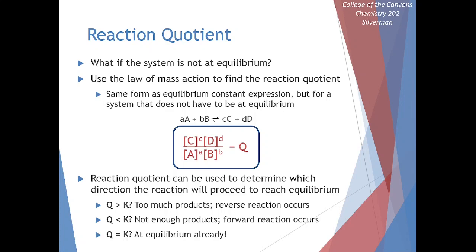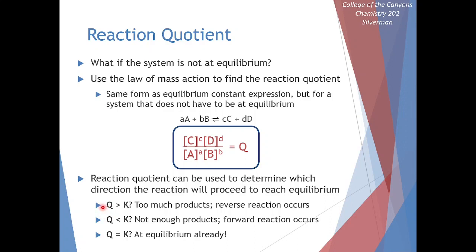The reaction quotient has the exact same form as the equilibrium constant, except, well, maybe we're at equilibrium, but we're probably not. We can compare our reaction quotient to our equilibrium constant to decide, are we at equilibrium or not? And to decide which way our reaction will have to proceed in order to reach that equilibrium.